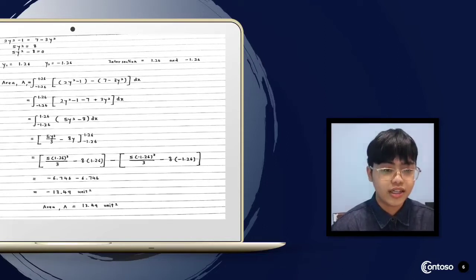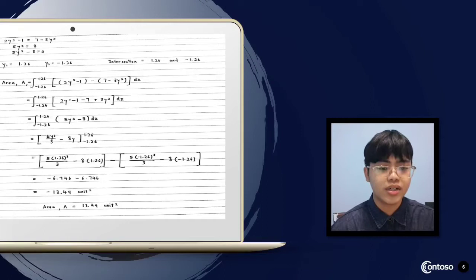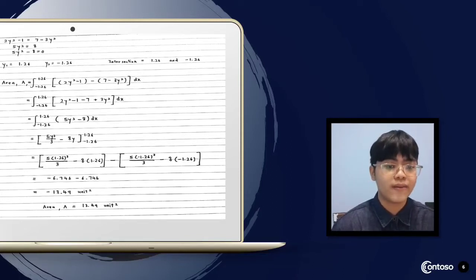For the other one, we use negative 1.26, so it will be 5 times negative 1.26 cubed over 3 minus 8 times negative 1.26, and we get the same answer, negative 6.746 minus 6.746. Then we get negative 13.49 units squared. The area, the final answer for this question, will be 13.49 units squared.